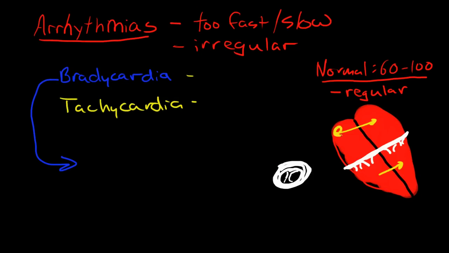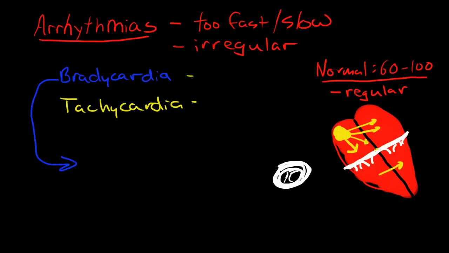This is very important to understand when we're talking about arrhythmias. Remember, we have an SA node up here, and I'm making it a little big. In a normal heart rhythm the SA node is the pacemaker of the heart, and it initiates the action potential of every heartbeat.